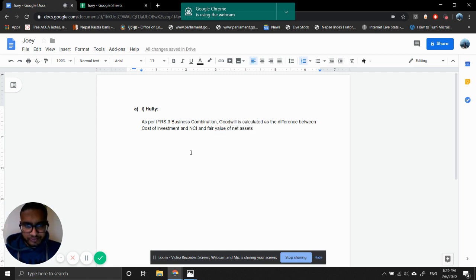Now the cost of investment should incorporate all kinds of consideration transferred to achieve control over another business.